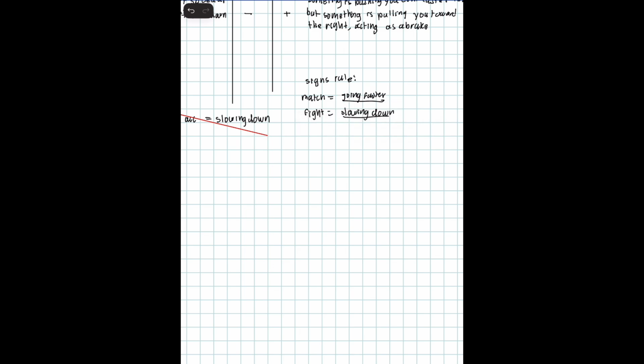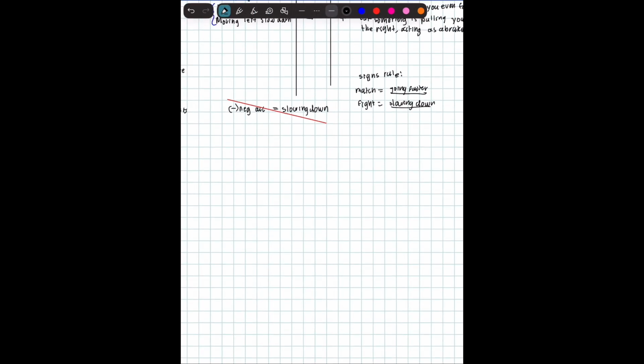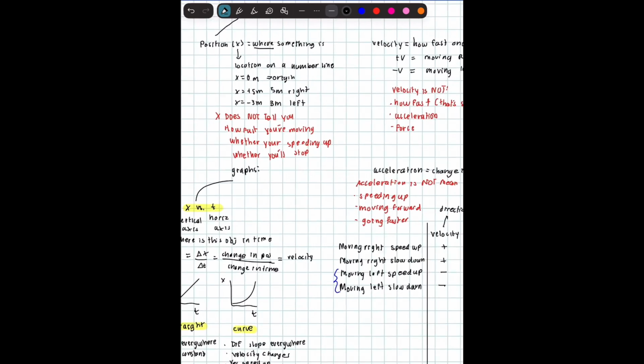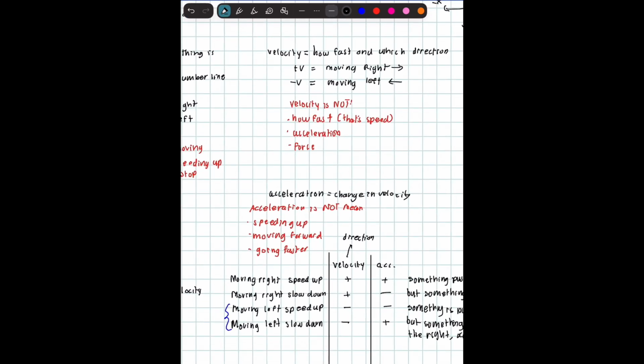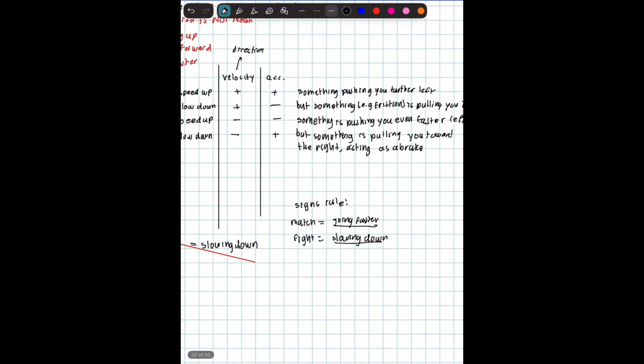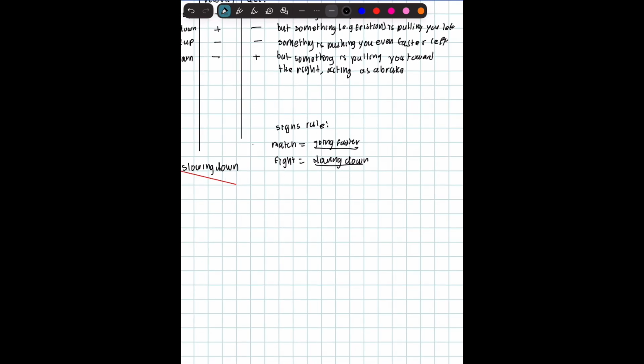You're just speeding up versus slowing down. So remember, positive velocity is right, negative velocity is left. Same sign versus opposite. Same sign means you have both positive velocity and positive acceleration.